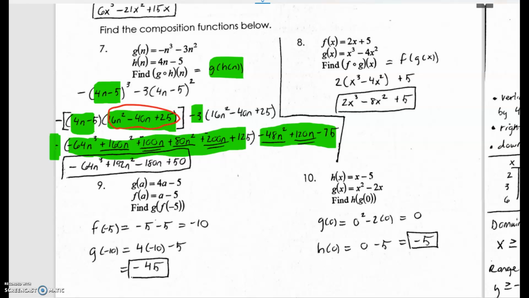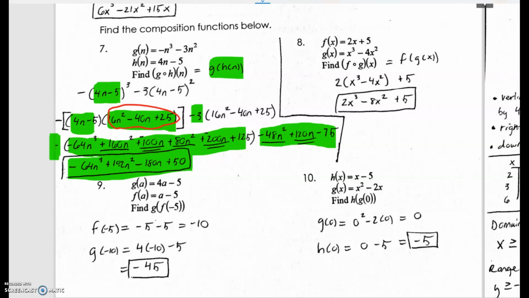Once I've multiplied everything out, I combined like terms, and I found it to be this. If you see any errors with my work, let me know and I'll double check it. But looking at my work here on the side, looks like everything's good. Okay, so I got negative 64n to the third plus 192n squared minus 180n plus 50.